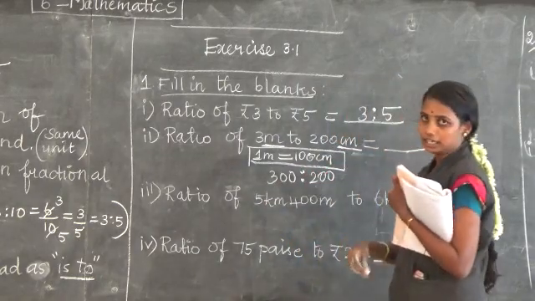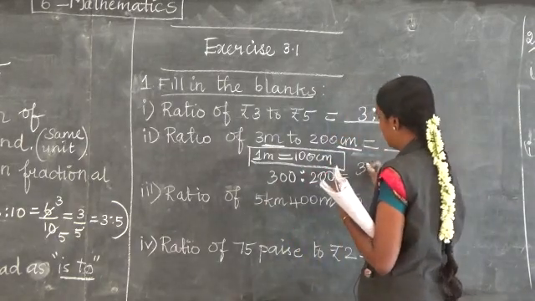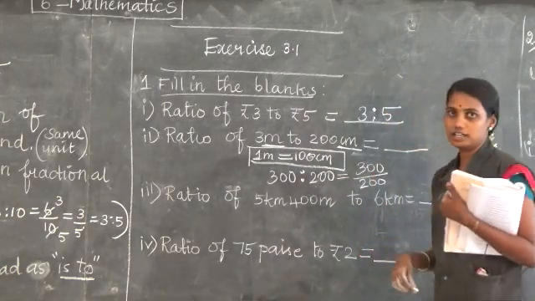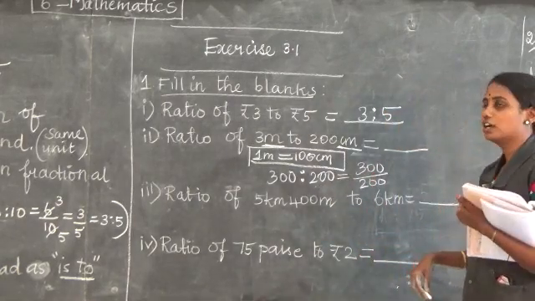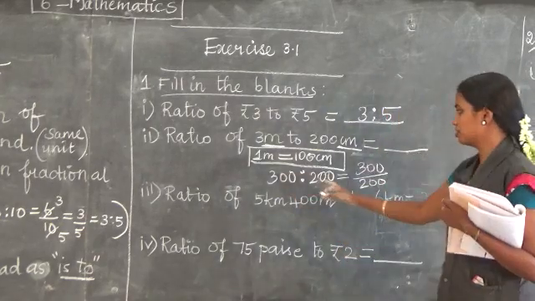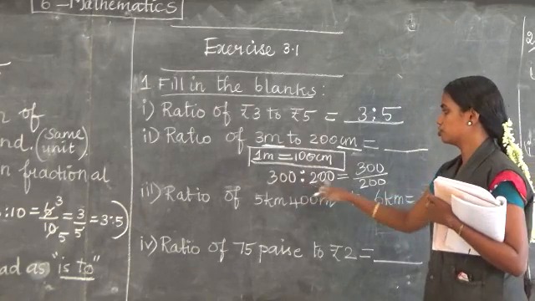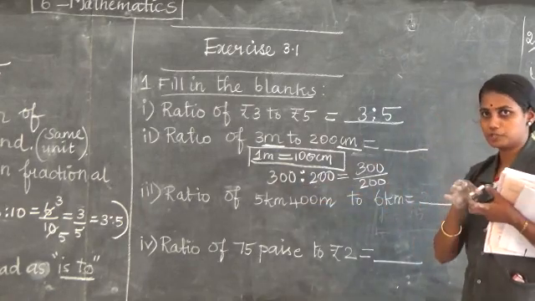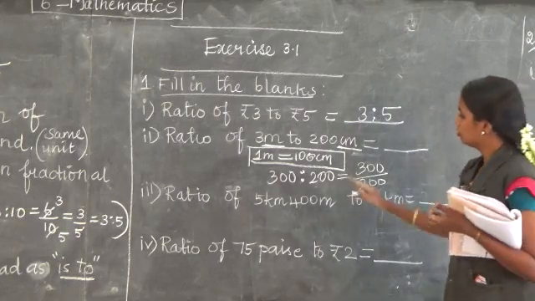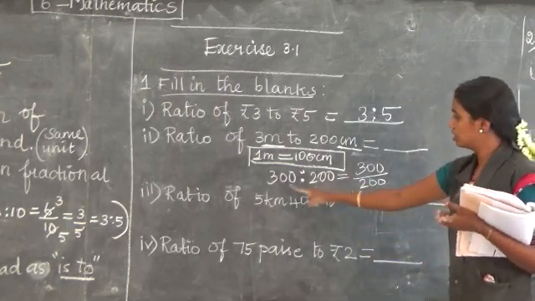300 is to 200. It can be written in fractional form, 300 divided by 200. Why did I write it in fractional form? You may ask, why can't you write 300 is to 200? It is a correct answer, absolutely. But a ratio can be simplified, yes or no? So you can simplify this ratio.